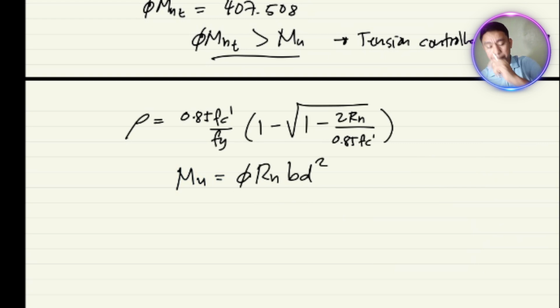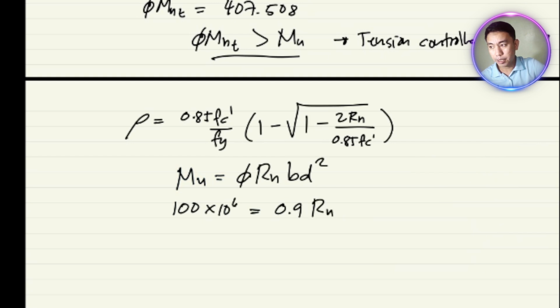So let's go back. We need to solve Rn given Mu. So we have our Mu of 100 kilonewton. So we will write here 100. But that's kilonewton meter. We'll convert that to Newton mm. So we'll put times 10 to the 6 is equal to our phi is 0.9.